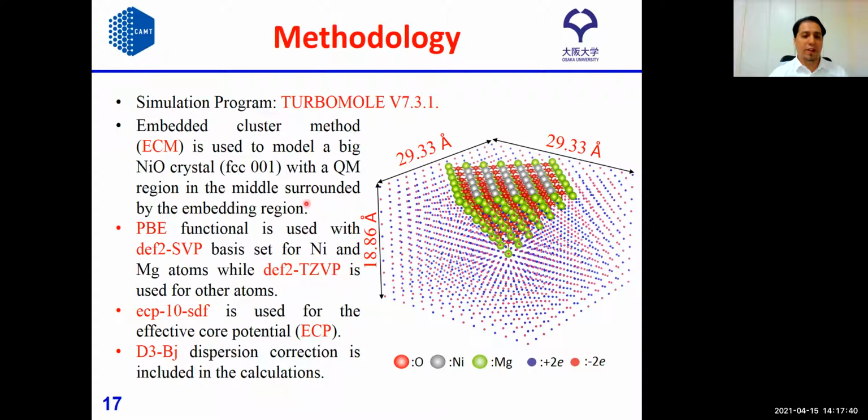Also, for those who are interested in the DFT calculation, the PBE functional is used with the def2-SVP basis set for nickel and magnesium, while def2-TZVP is used for other atoms. Also, I would like to mention that D3BJ dispersion correction is used to increase the accuracy of this work.